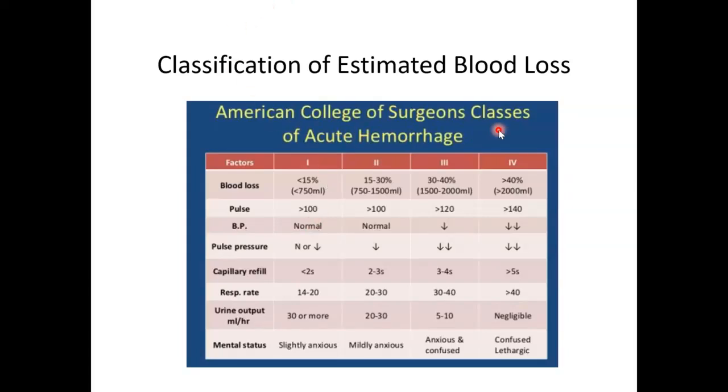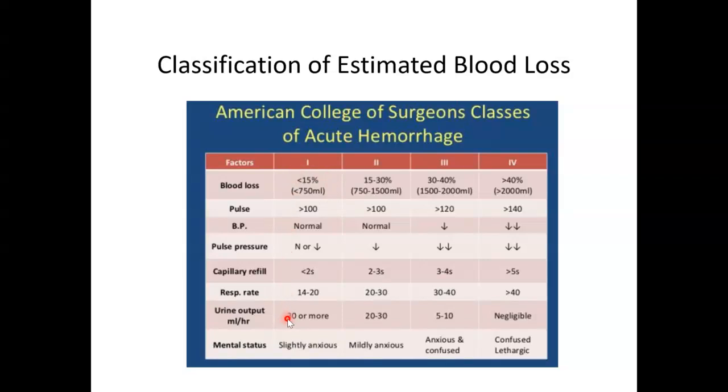The American College of Surgeons uses this classification to divide hemorrhagic shock into 4 classes. Class 1, in regard to blood loss, class 2, 3, and 4. Class 1 is up to about 15% of the body's blood loss, which is up to about 750 milliliters of blood volume loss. The patient is generally asymptomatic and vital signs generally are normal.